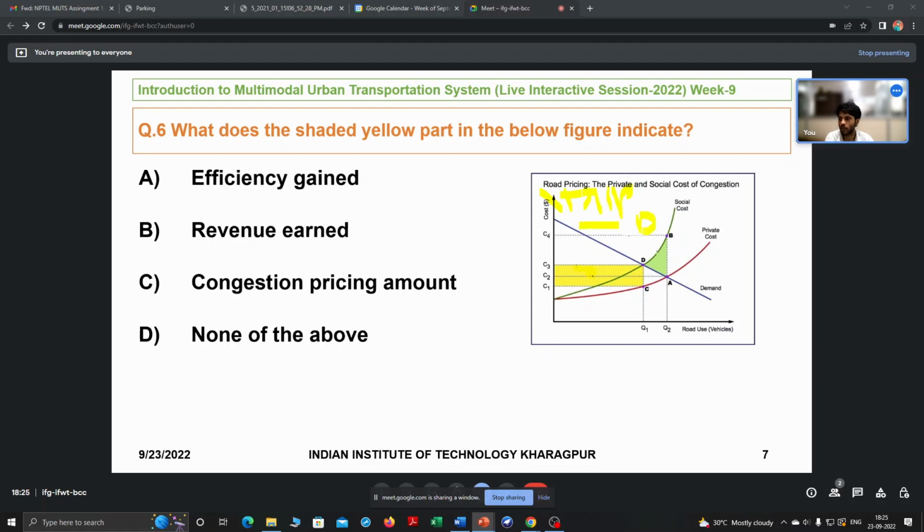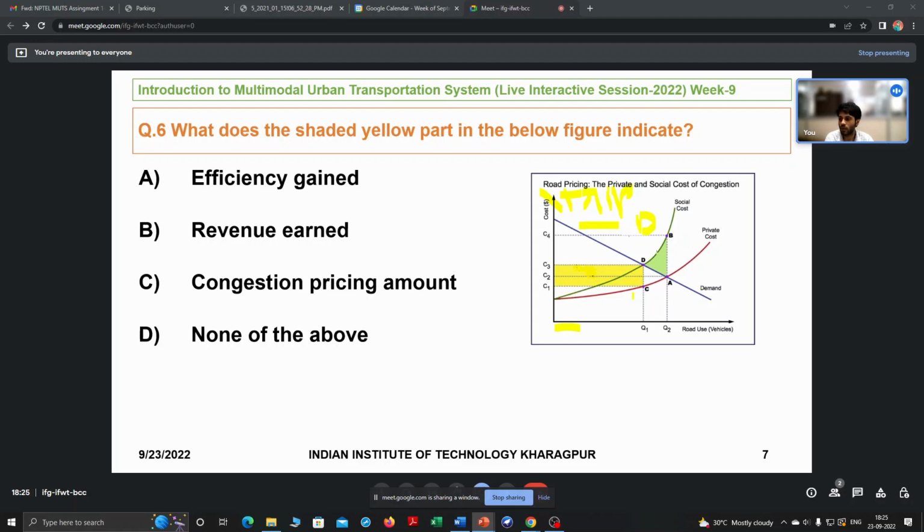What is the demand curve? If the cost of a trip is very high, your passenger demand is low, right? And as you keep on decreasing your price, your passenger demand will be higher, right? So more and more people will avail that service. So it is the demand curve.